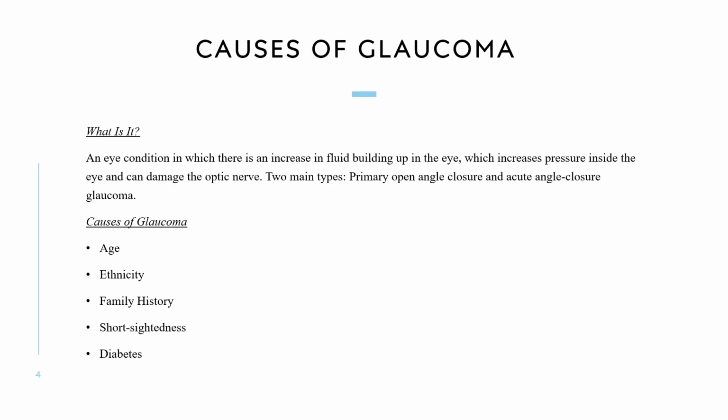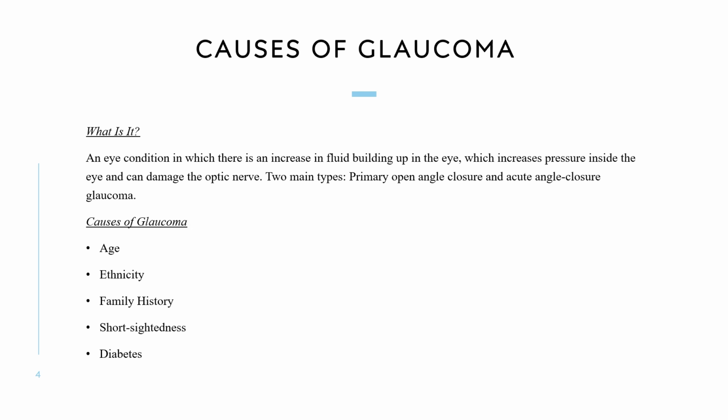I've already said a couple of times that this month's talk is going to be about glaucoma, so it would probably be useful to start by having an understanding of what exactly it is, even if only briefly and in the most basic terms. It's an eye condition in which there is an increase in the amount of fluid that builds up in the eye.